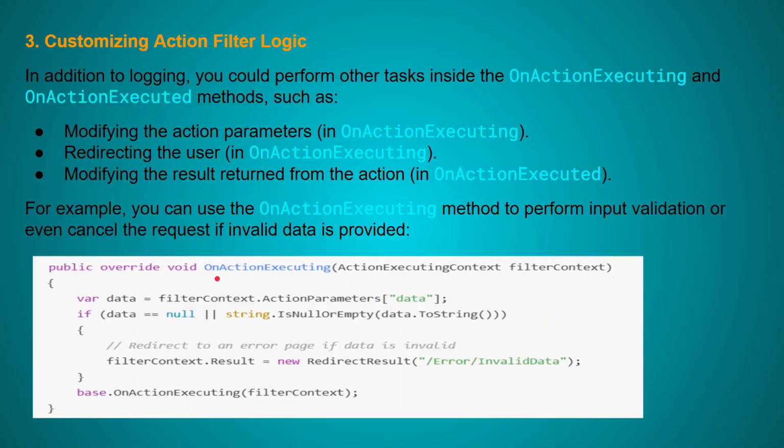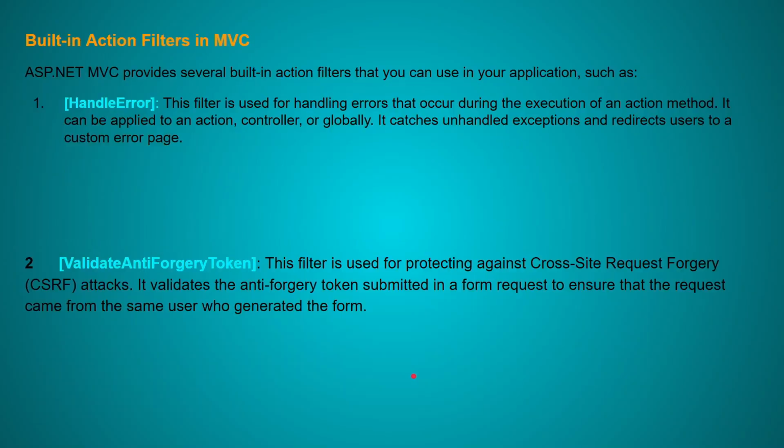See, in the OnActionExecuting method, we are checking the filterContext action parameters. This is the data which is coming from the client, and if the data is null or string.IsNullOrEmpty, then redirect to an error page if the data is invalid. So we are redirecting here.